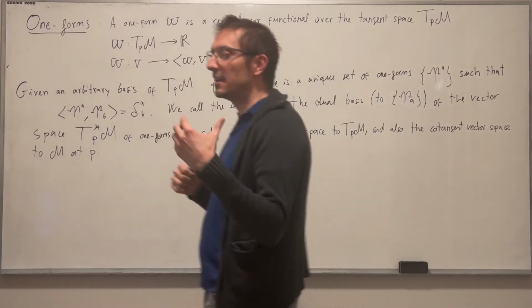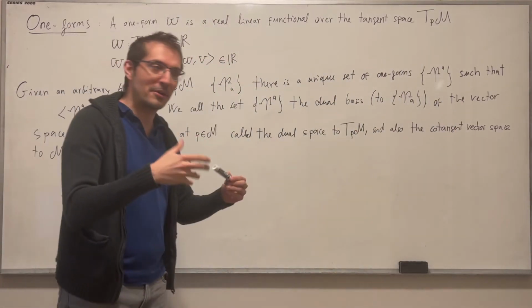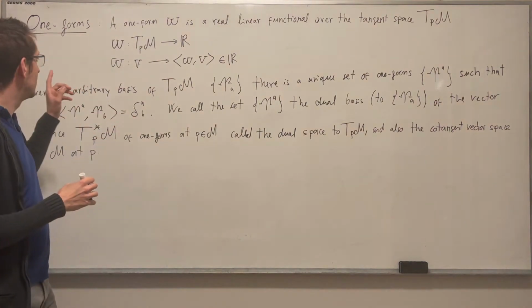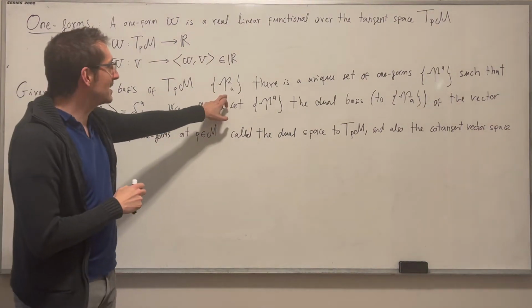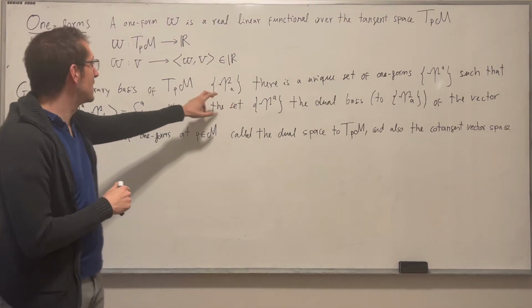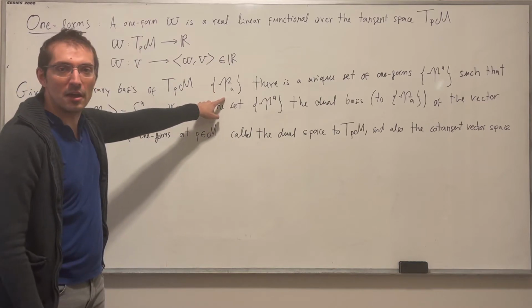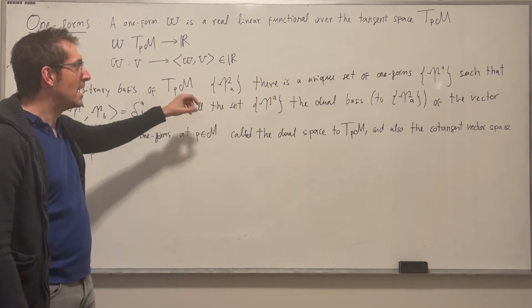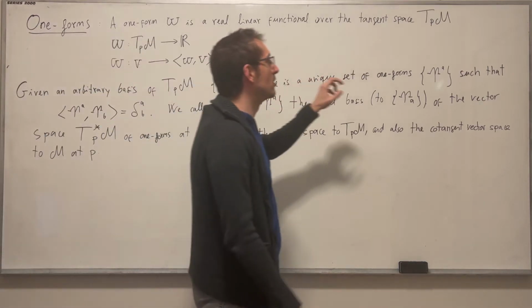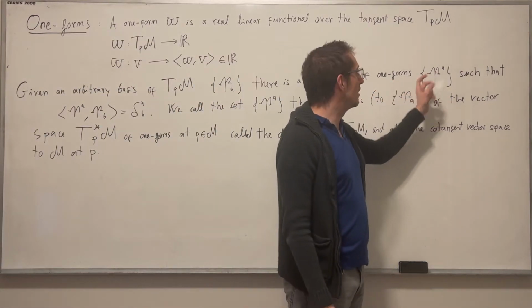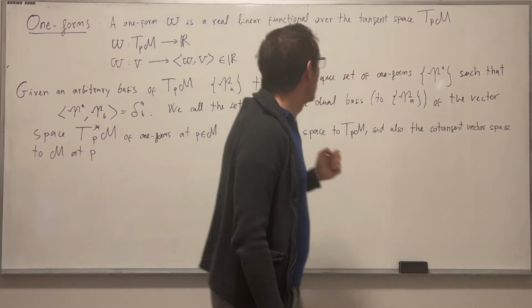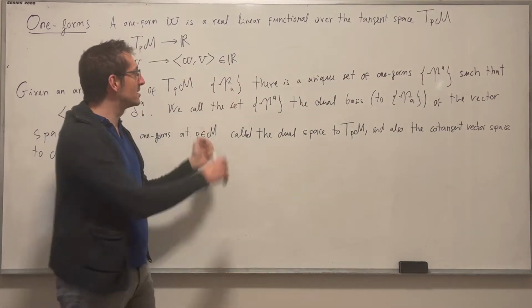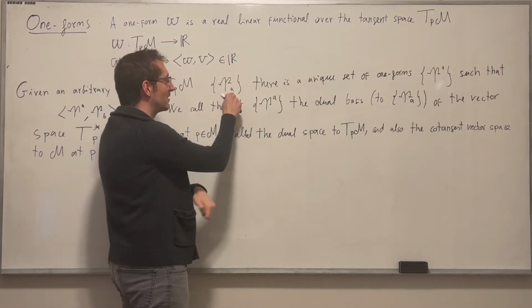We can define, similar to what we did in the video about algebra, given a basis. Remember, this epsilon A is a set of a basis. It's an arbitrary basis of vectors in the tangent vector space to the manifold at a point P. There is a unique set of Oneforms that I call epsilon super A. So the index in the set of vectors is an index downstairs.